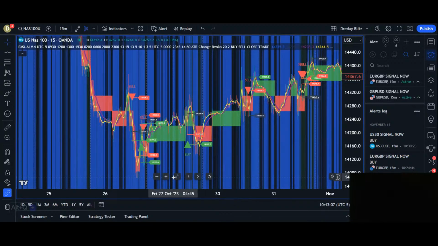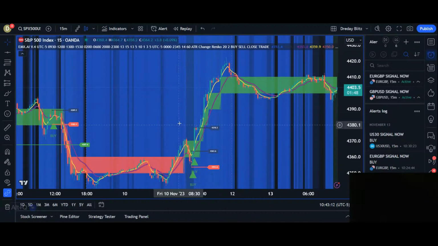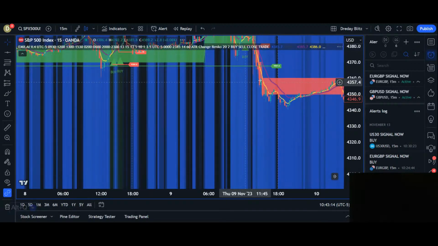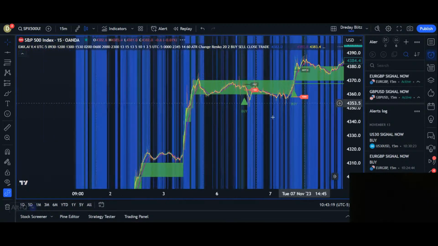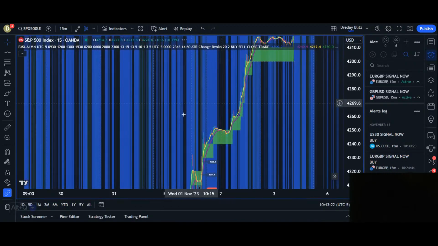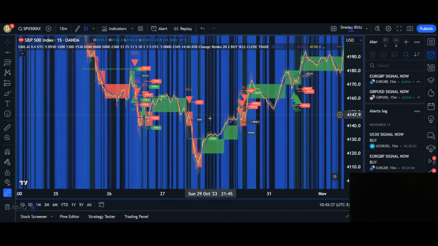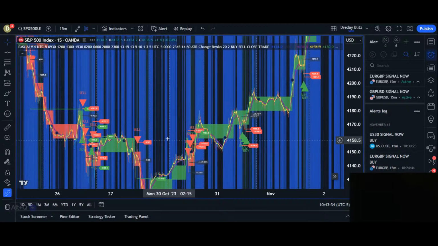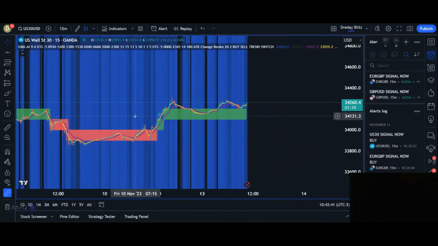So if I minimize that and I open S&P 500, 28th of October, 20th of October, right here, you see, it was the same bottom here on S&P 500 and US 30.